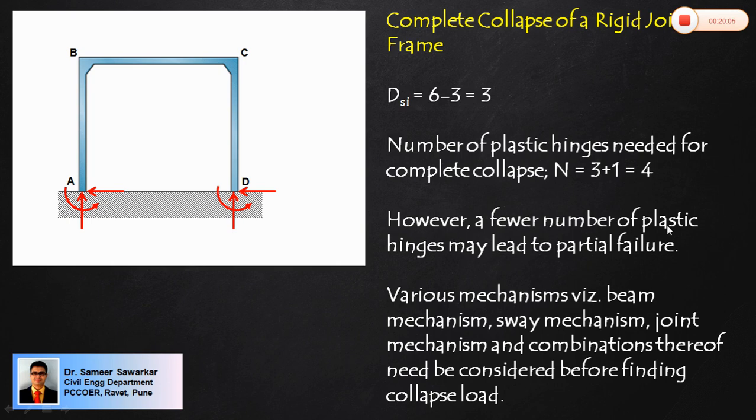However, a fewer number of plastic hinges may lead to a partial failure. Various mechanisms, this is most interesting part of frame discussion and that we do not come across in beam discussion. Various mechanisms, namely beam mechanism, sway mechanism, joint mechanism, and combinations thereof need be considered before finding collapse load.